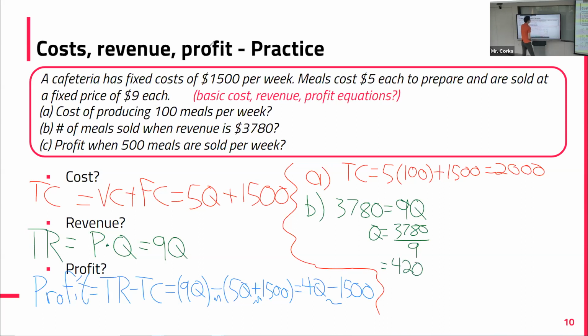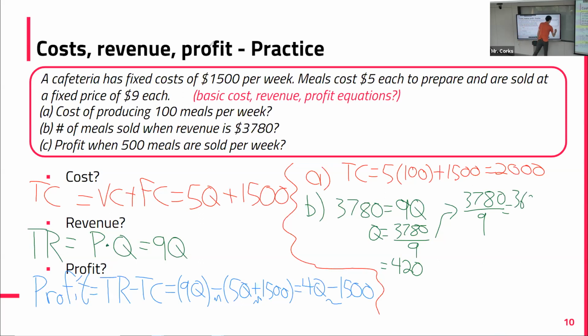If you're trying to think of some no calculator strategies for this, you can just think 3,780 over 9. Just split it up into parts that are workable or easier to think about.